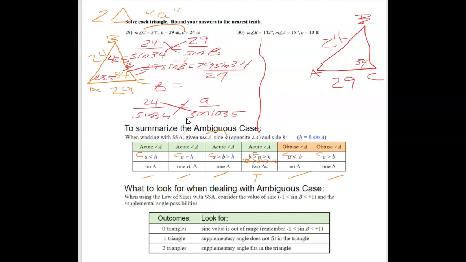Since from trig, this one's a little harder, the sine of 103, so remember this is 180, this is 0, so 103.5 would be about right there.